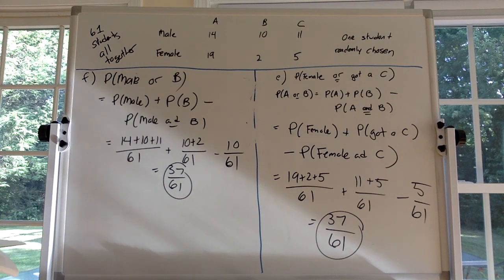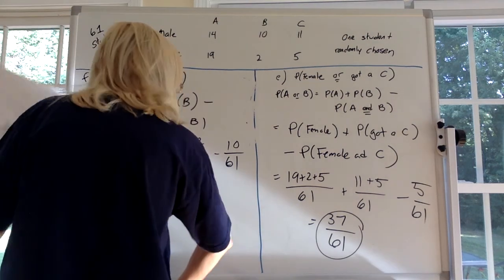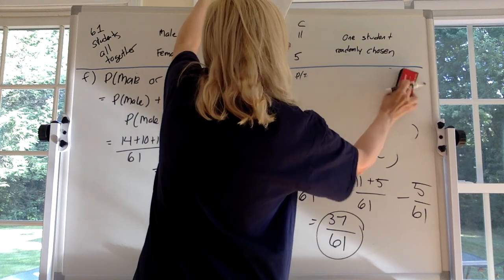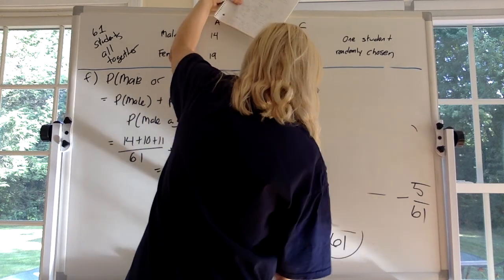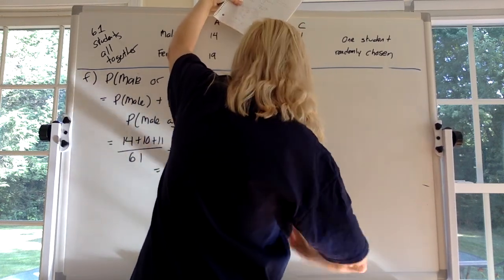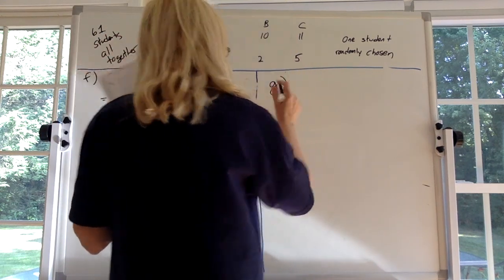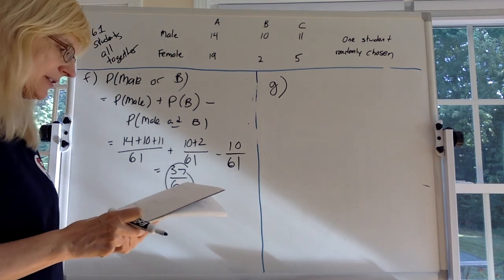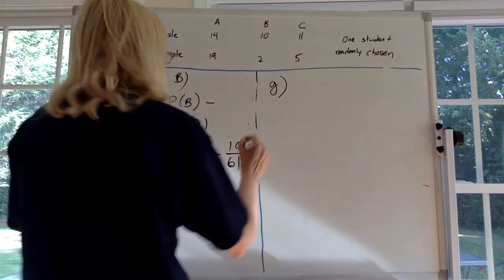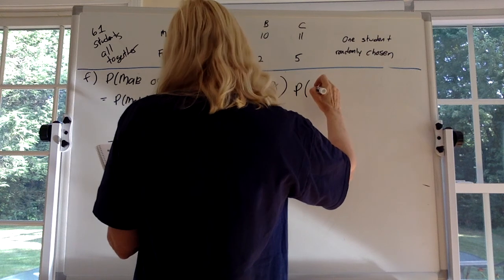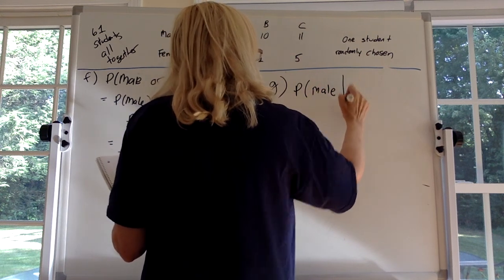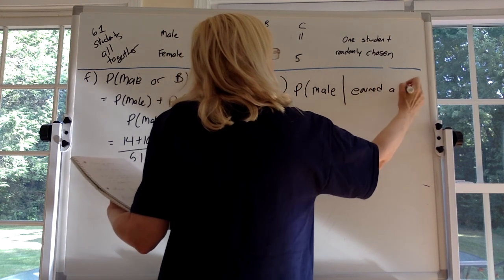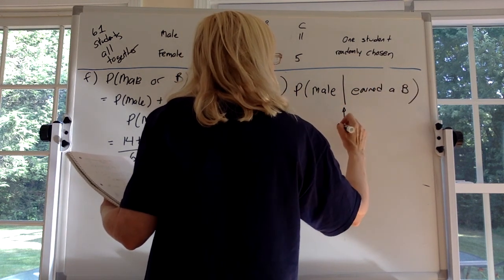Part G, the last part, is a new formula that you should have seen in your reading. Let's figure out what they want. We're still randomly selecting one student. Find the probability the student is a male given earned a B. So think of the word "given".